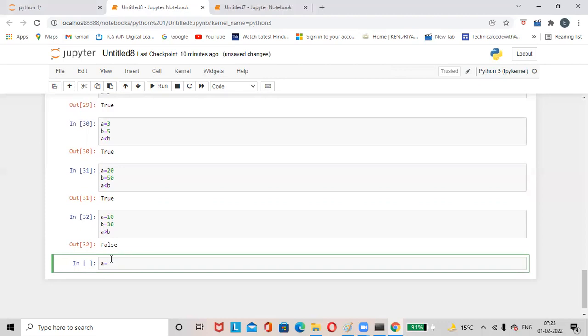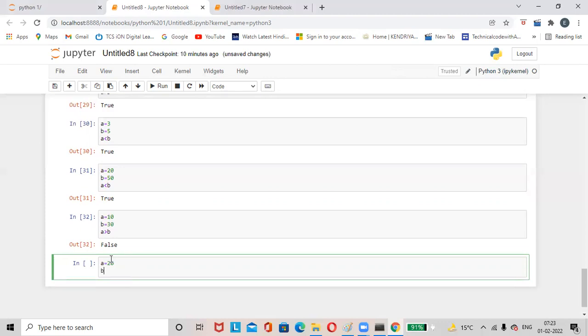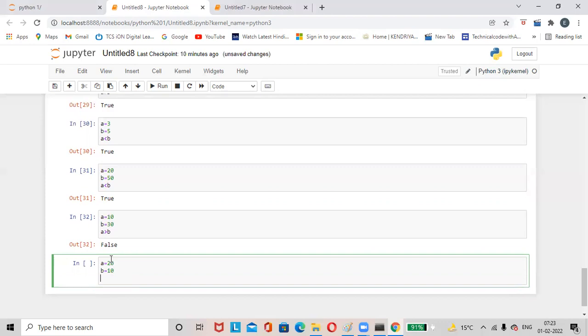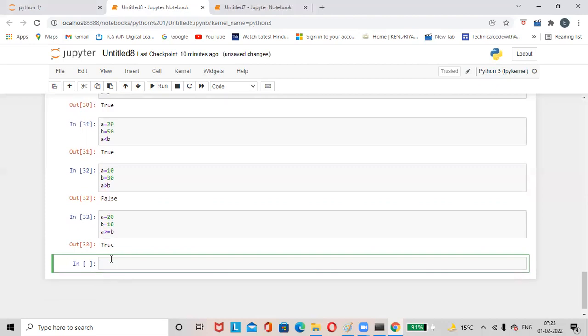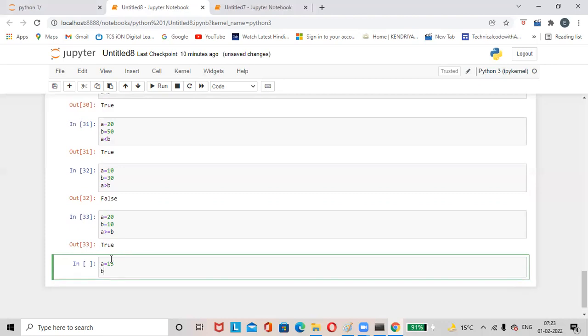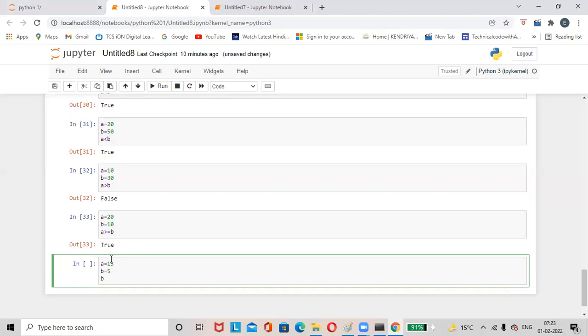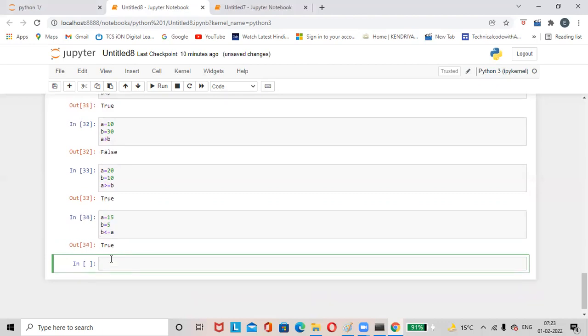A equals 20. B equals 10. A is greater than or equal to B. The result is true. A equals 15. B equals 5. So B is less than or equals to A. The result is true.